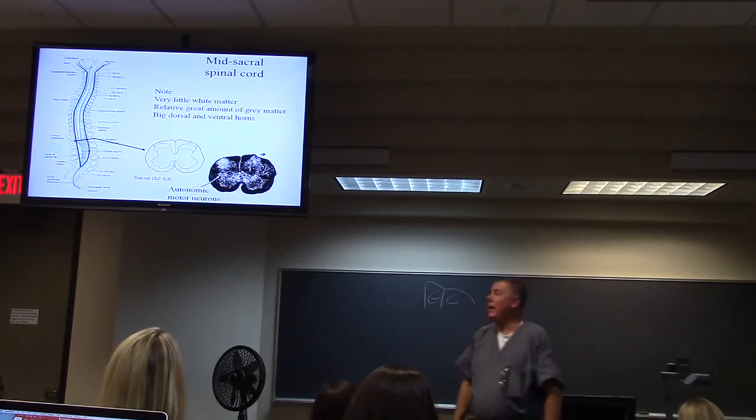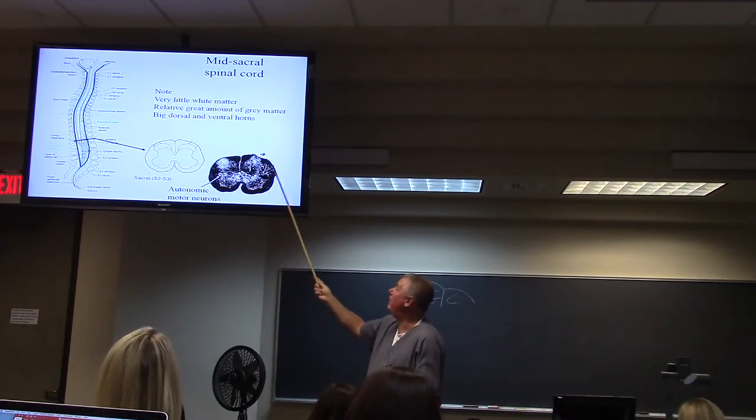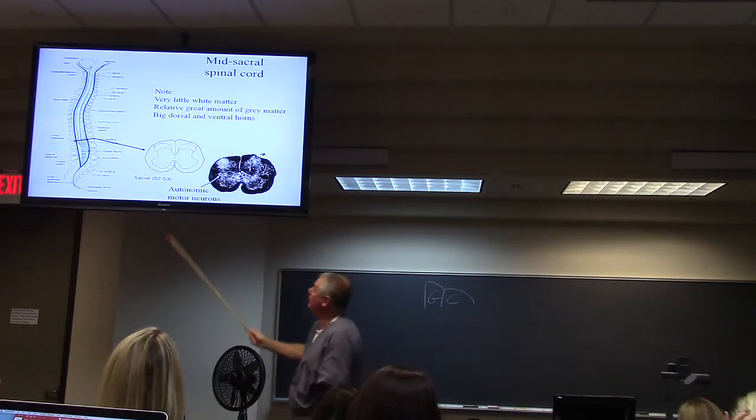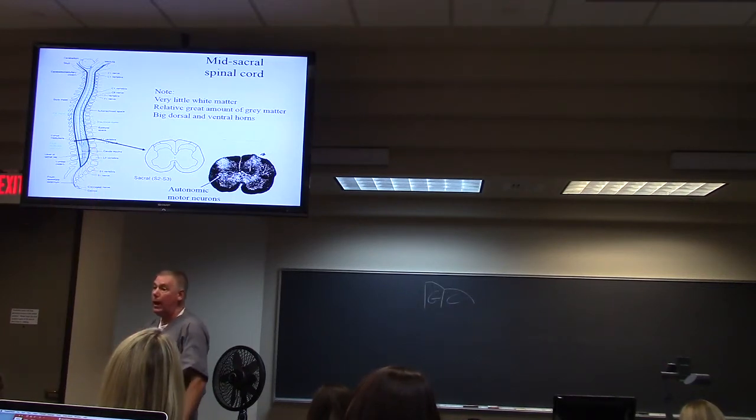Once you get down into the sacrum, wow, look at this gray matter down here. Look at the small amount of white matter. Why do you have a small amount of white matter? Because all you're doing is, from above, you're supplying these dermatomes, and you're only sending the information up from these dermatomes. Not a lot left. So in terms of the white matter, there's not a lot left.